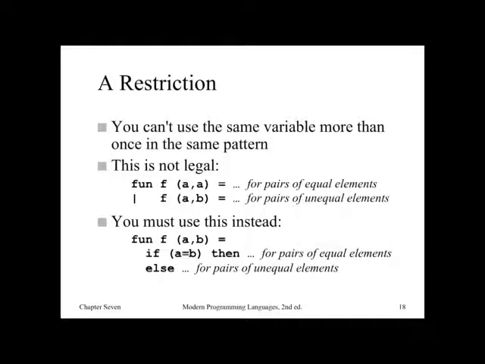One restriction to keep in mind: you might think to yourself, well, using patterns, why don't I do something like function f A A, which would be a pattern in which the two values are equal. This is not legal. And I would say, good on you if that was your idea, but it turns out that in ML you can't do that.